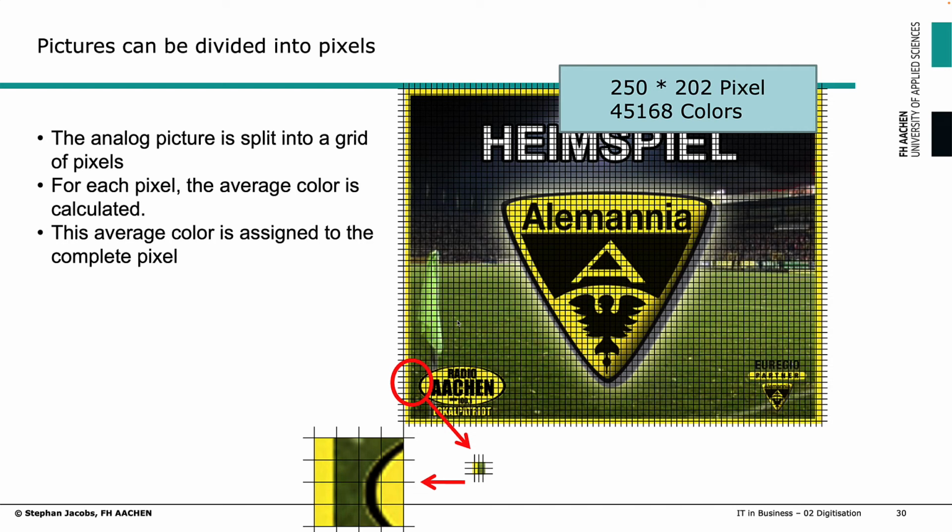So there are lots of colors, but a pixel can only contain one color. So what we have to do is create an average value for each pixel. That's what I've done in the next step. And you can directly see that by creating these pixels, information is lost. The quality of the picture is becoming worse. So we have less information in our picture.